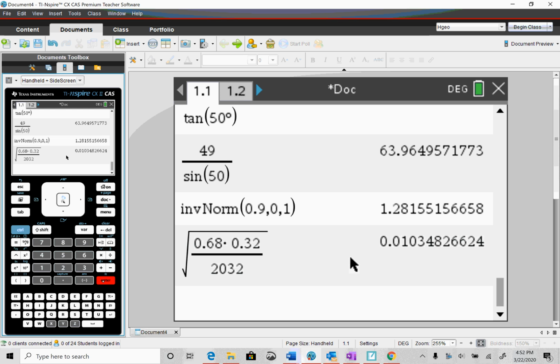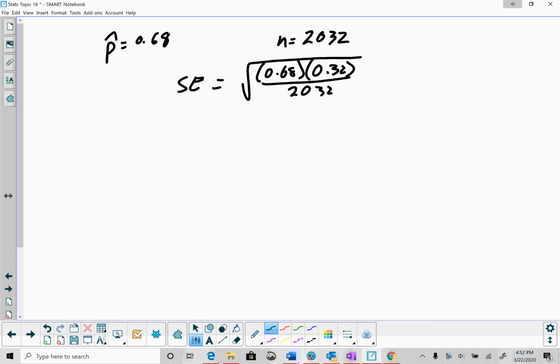That'll give us a standard error of 0.0103. Let's go to 4 decimal places here.